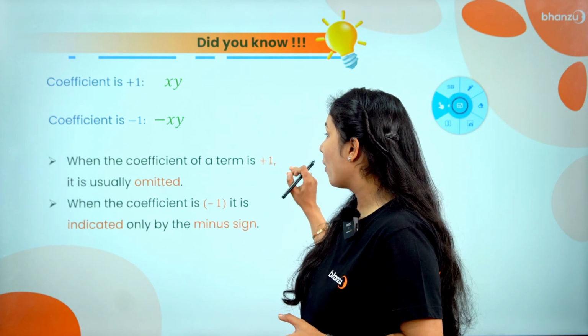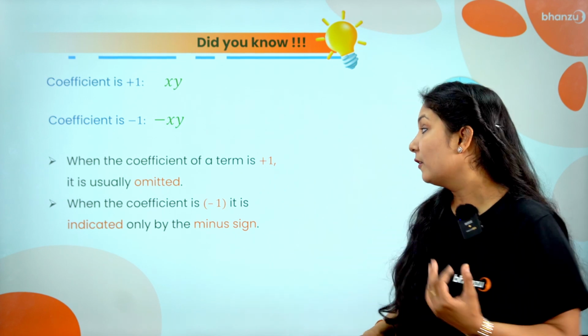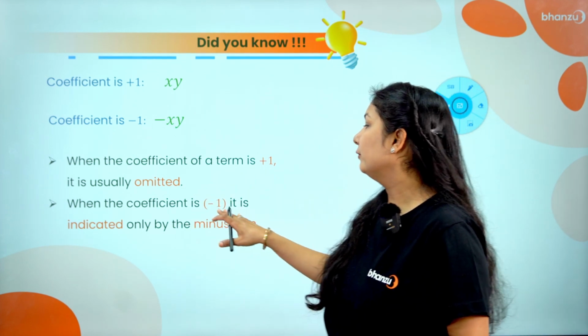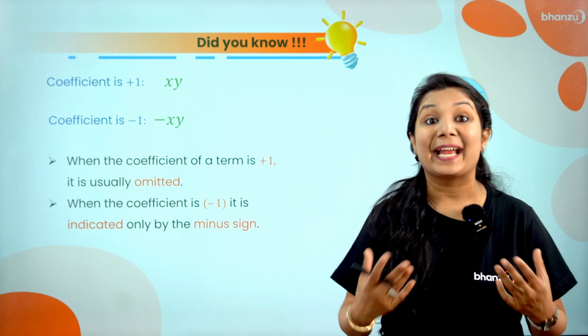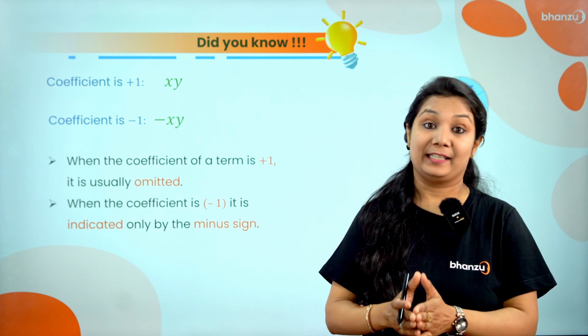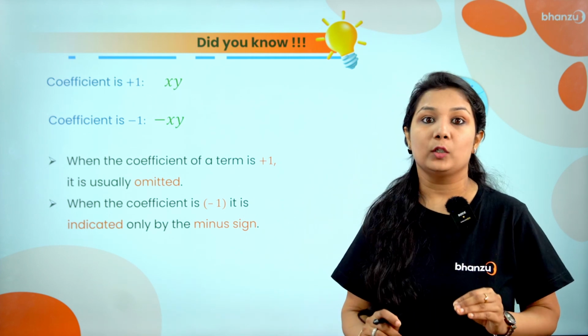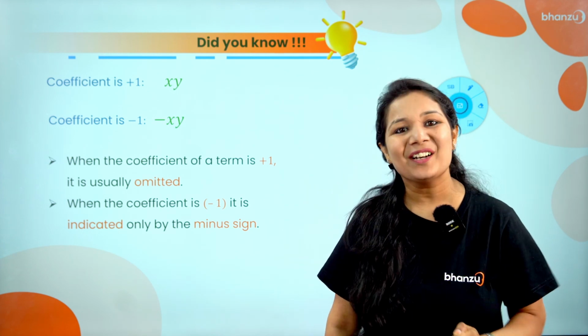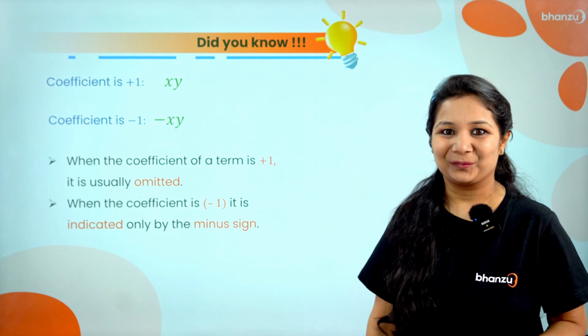So if the coefficient of a term is plus 1, we just write 1, the plus sign can be omitted. Or if the coefficient is minus 1, it is indicated only by the minus sign. That's very important to keep in mind, the observation of minus sign in our terms, in our expression.